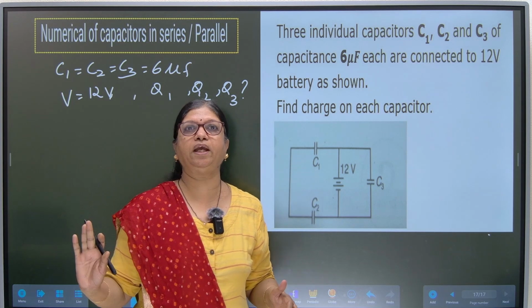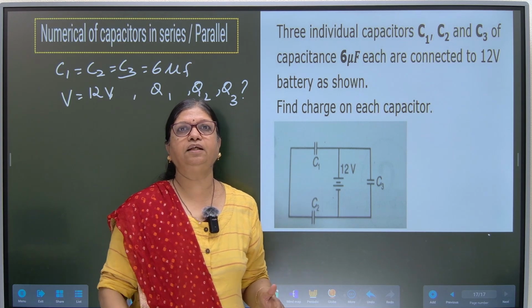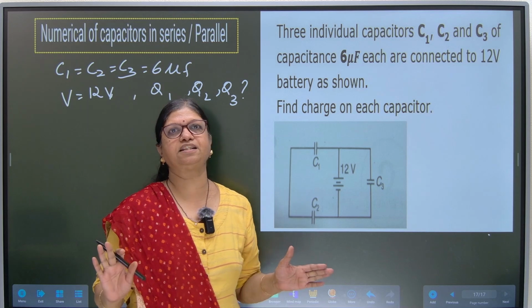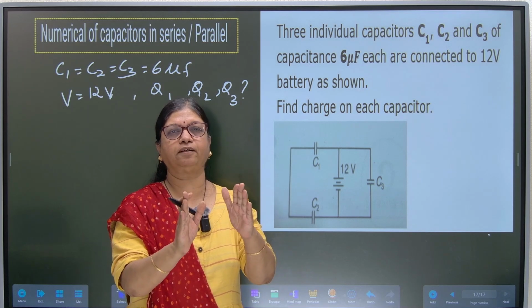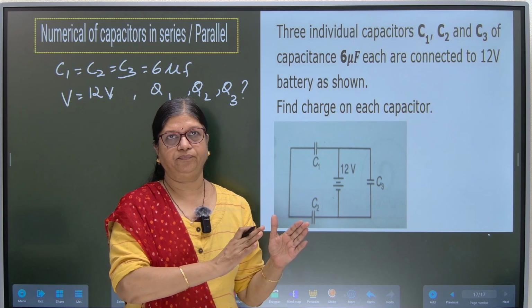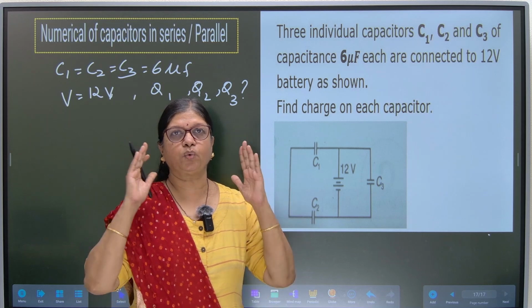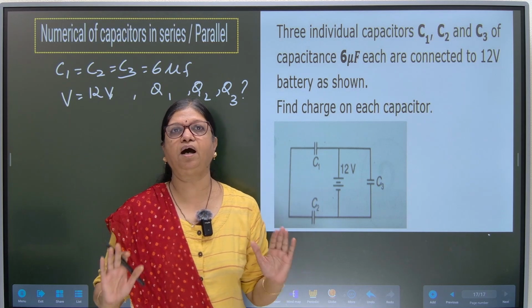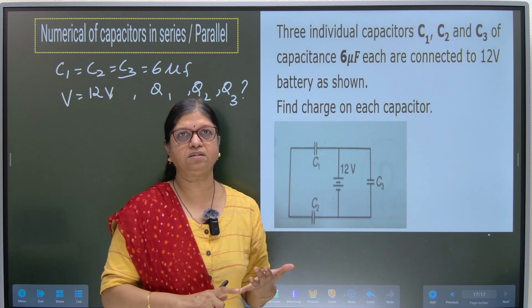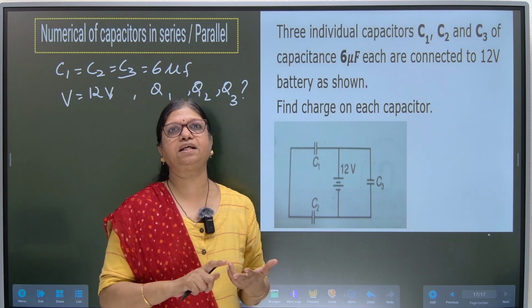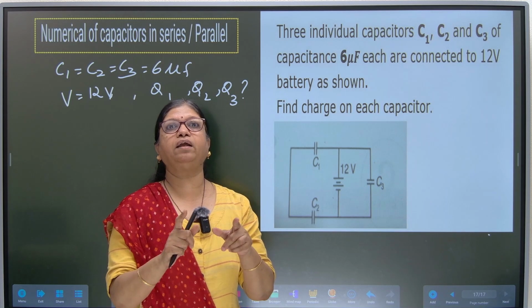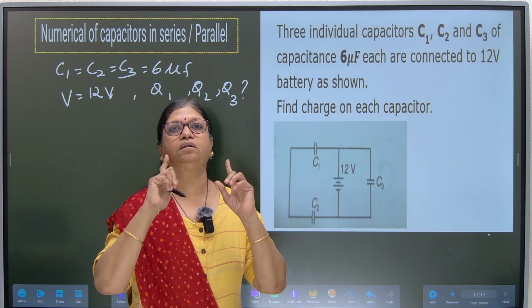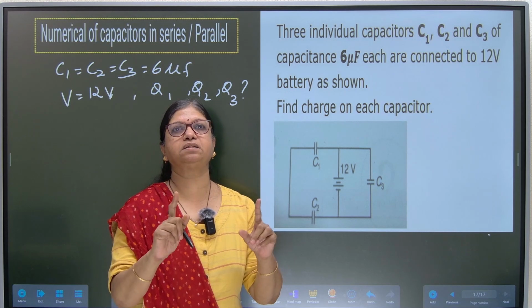There are so many ways given in so many reference books and textbooks, but you follow one pattern for such questions, which is the easiest. Whenever such questions are asked based on capacitance in series and parallels, step 1, find out the equivalent capacitance.